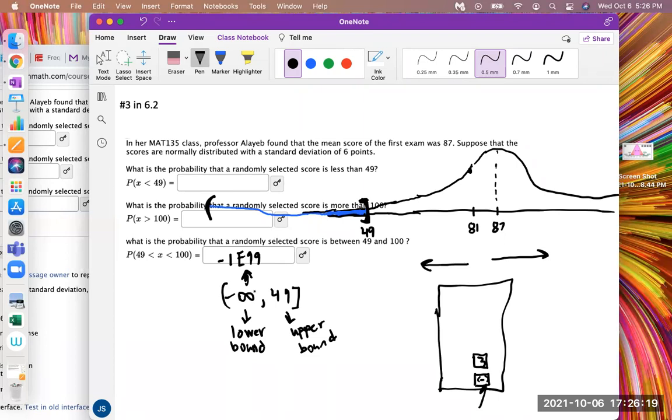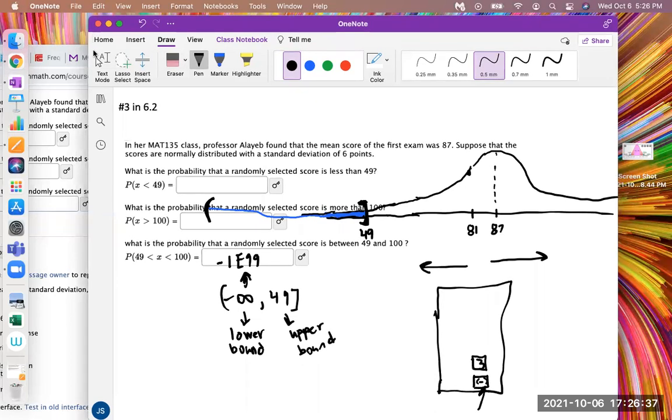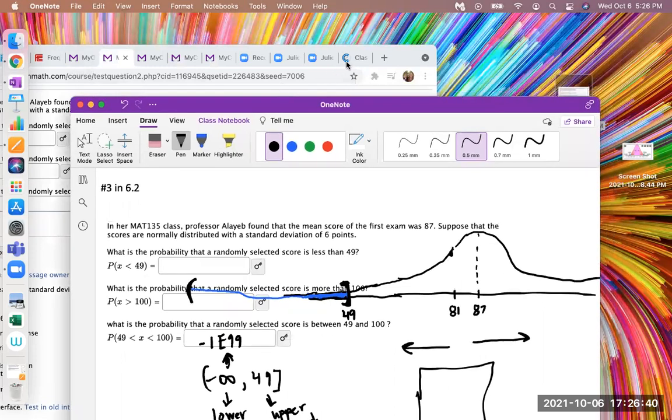And then you would enter -e99 as your lower bound, upper bound 49, and then enter the mean 87 and the standard deviation 6, and then you would have your answer for part A. Okay, let me show you, and we'll actually calculate the answer with the class calculator.